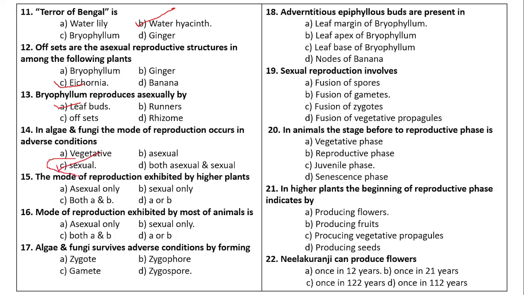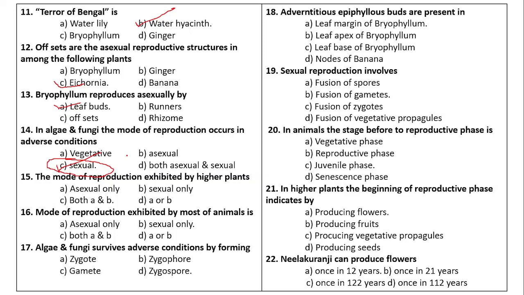Why? Because in the case of algae and fungi, the reproduction which is predominant or most common is asexual or vegetative type. When they get proper climatic conditions, they reproduce in higher numbers by means of asexual reproductive structures.